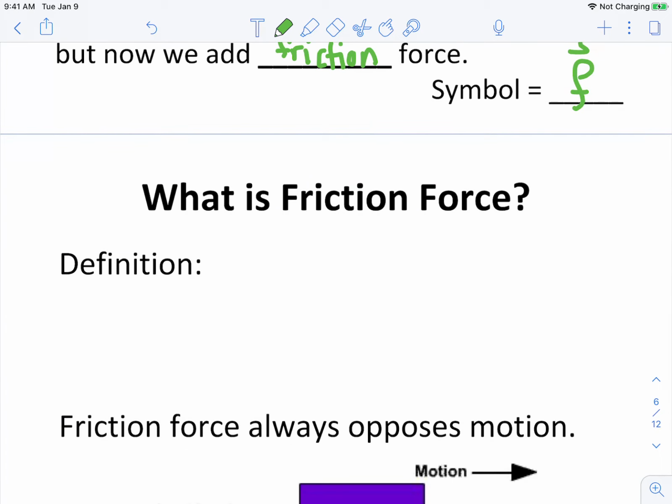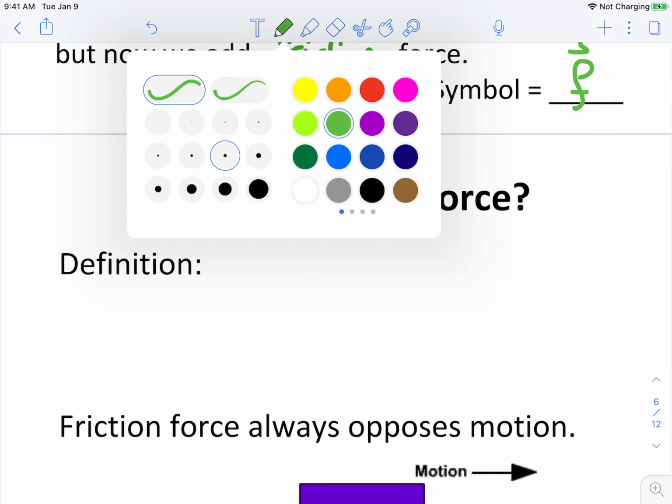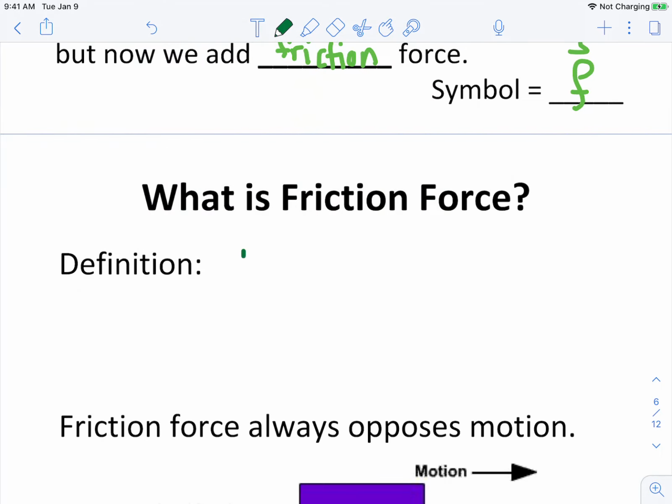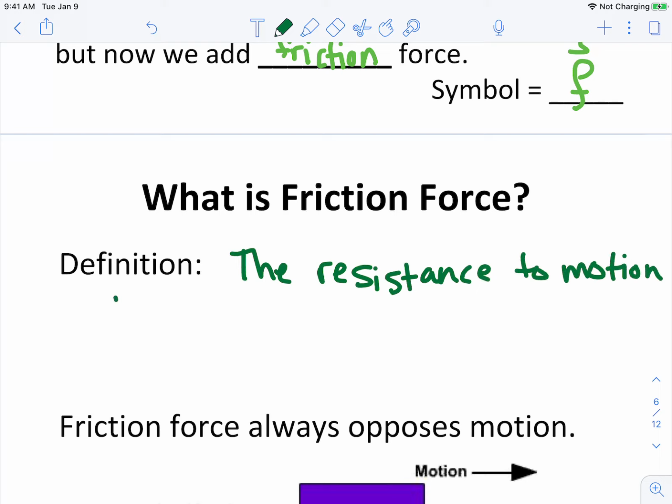The definition of friction is the resistance to motion that occurs whenever two materials are in contact with each other.